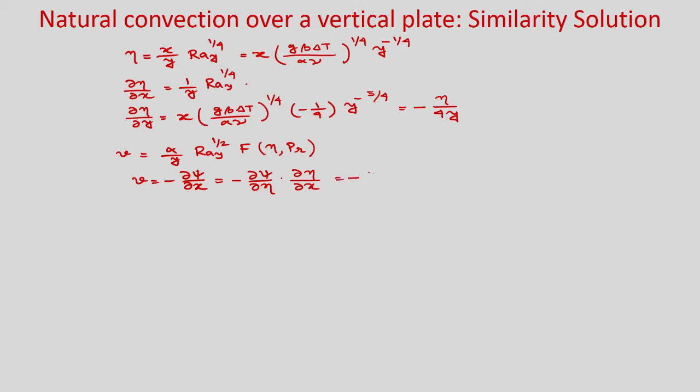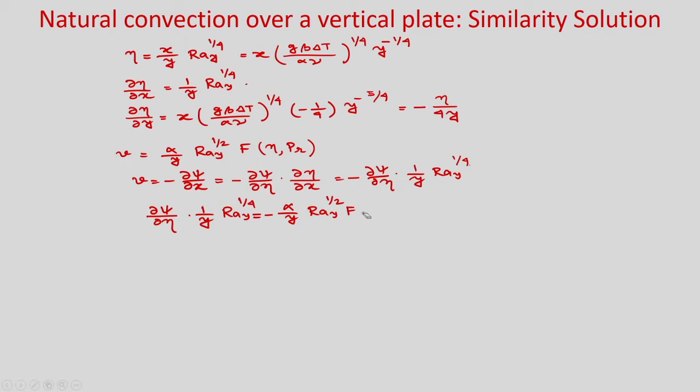So, you can write minus del psi by del eta into 1 by y Ra_y to the power 1 by 4. Now, if you put this, you can find del psi by del eta into 1 by y Ra_y to the power 1 by 4 is equal to alpha by y Ra_y to the power half with a minus sign, minus f.